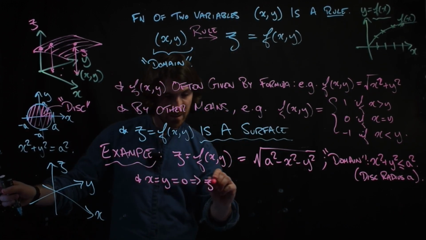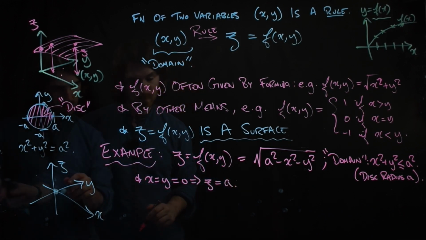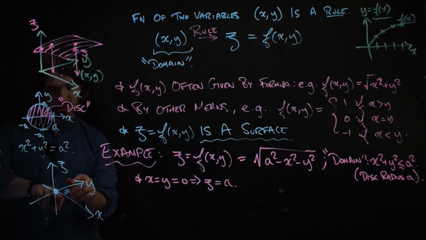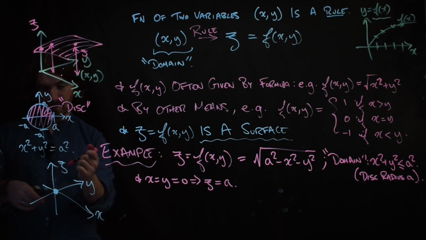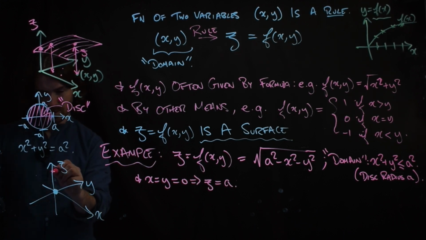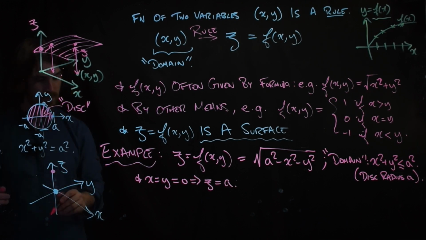So this implies that z equals a. So this is the point x equals 0, y equals 0, and it's telling us that z equals a. Okay, so we're at this point here. Okay, this is the point 0, 0, a.